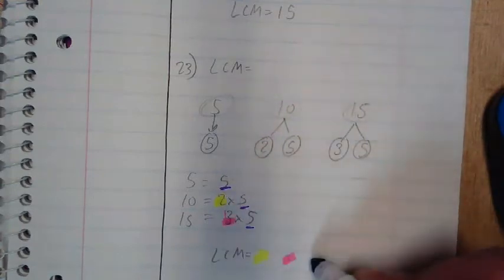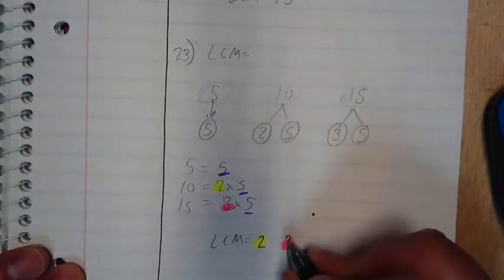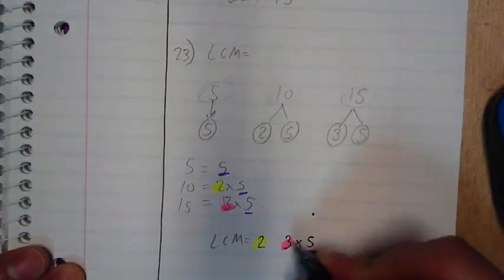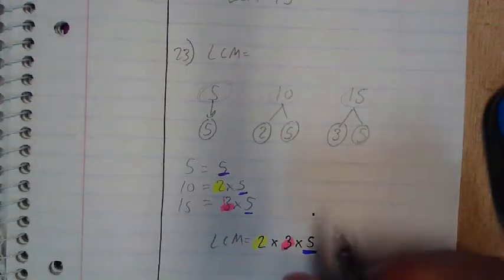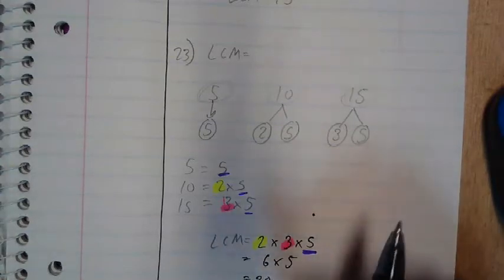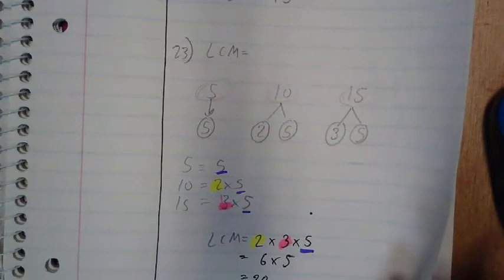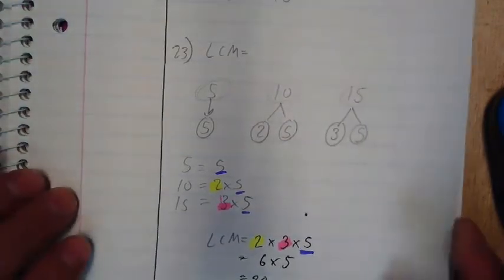I don't want to mark it. Okay. All right, so we have a 2, a 3, and a 5. We don't have any exponents to worry about, so we're good. 2 times 3 is 6, times 5. That leaves me 30. LCM is 30. Okay. I think some of you are getting the hang of it. I hope. Just know your times tables. Really, that's all it is.